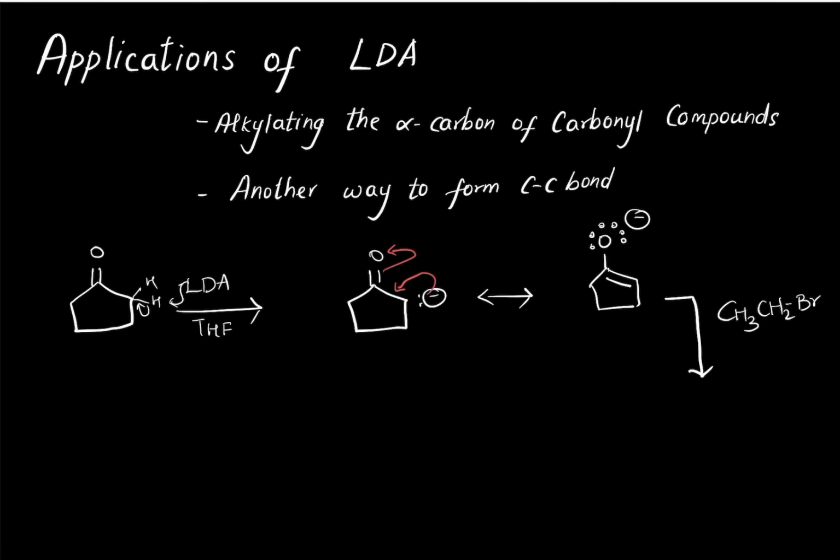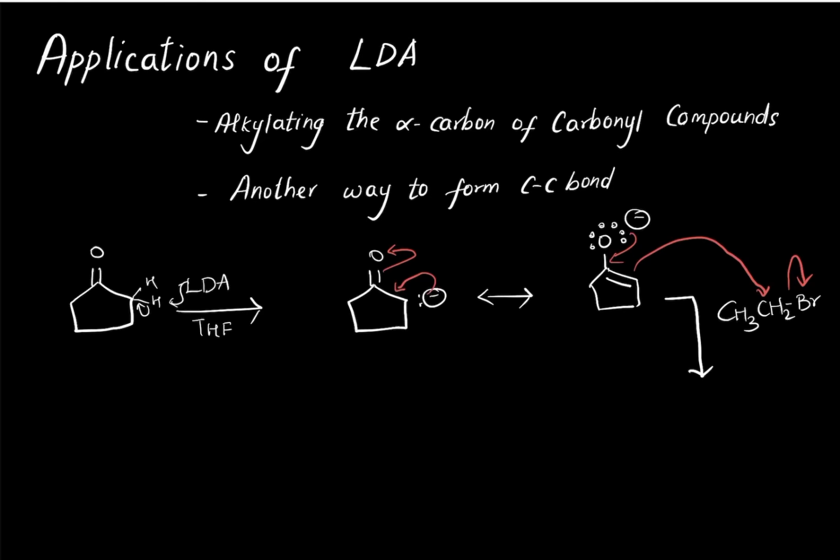these electrons are going to come up here, and this is going to act as a nucleophile attacking the electropositive carbon of the alkyl halide, and it is going to push the electrons onto bromine. Br is going to be the leaving group, and it's going to leave.